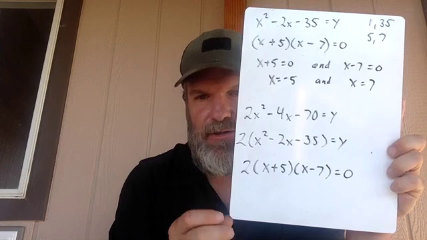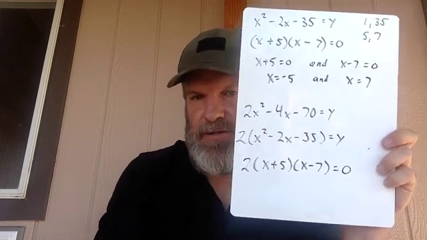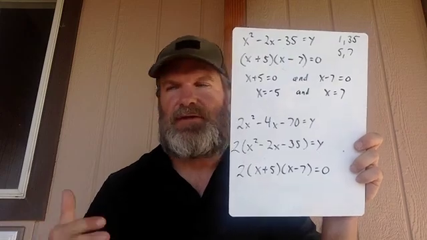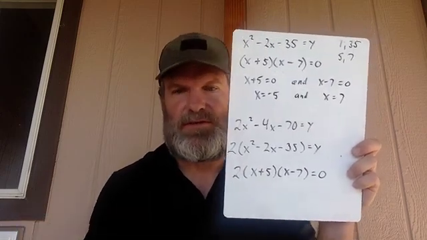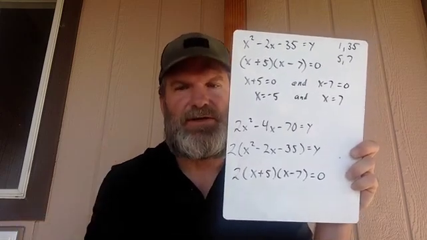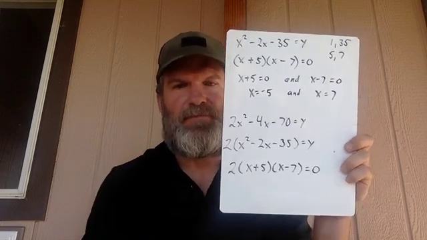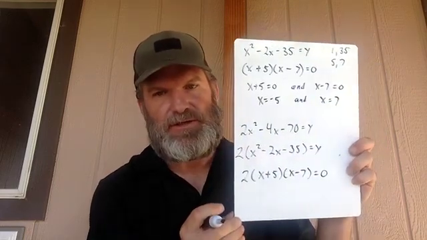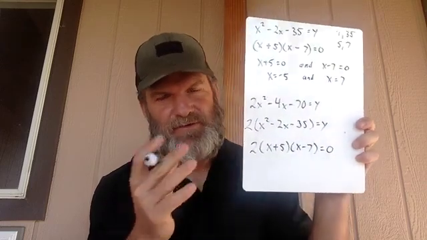Is that going to change your x-intercepts? No, it is not, because it doesn't matter if you multiply 3 things together, 4 things together, a million things together. If one of those things is 0, the whole thing's 0. So the 2, it doesn't matter what that number is. As long as one of these parentheses is 0, the whole left side of the equation is going to be 0. 2 is not going to change that. So we don't even have to worry about the 2.